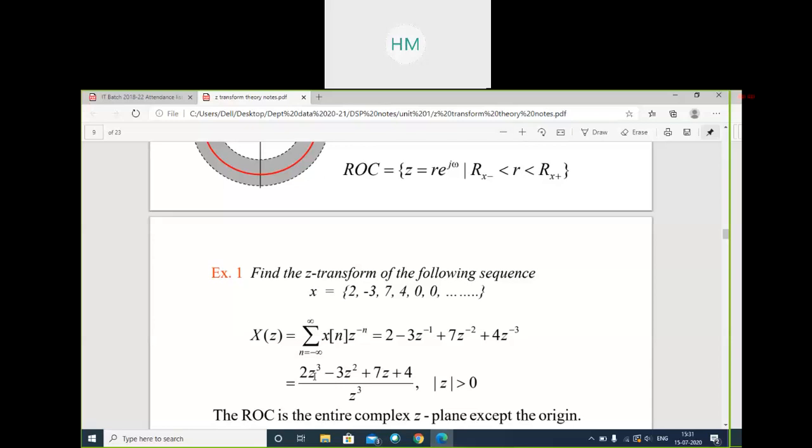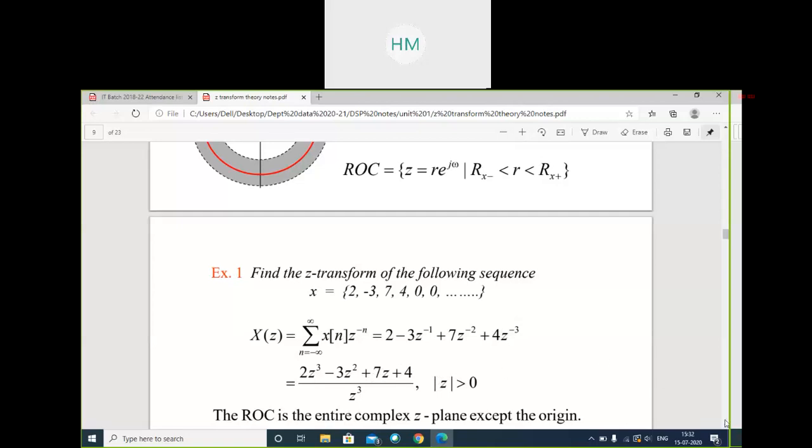Z to the power minus 1 multiplied by z to the power 3, you will get z squared. Minus 2 multiplied by z to the power 3, you will get z, and the z power will get cancelled out, and in the denominator you will get z to the power 3. For magnitude z greater than 0, the ROC will be the entire complex z plane except the origin.